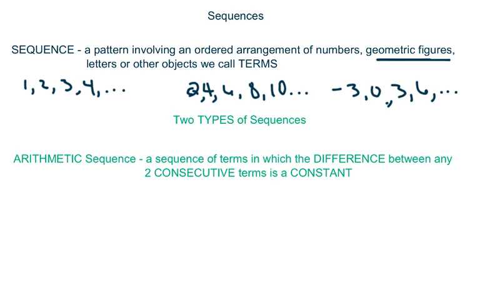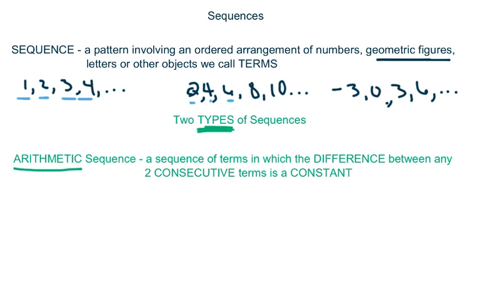Each one of these numbers is a term. The comma is separating the terms in a list of numbers, and we'll see on the geometric shapes what that can look like too. All right, so the first thing we are going to do is identify our types of sequences.